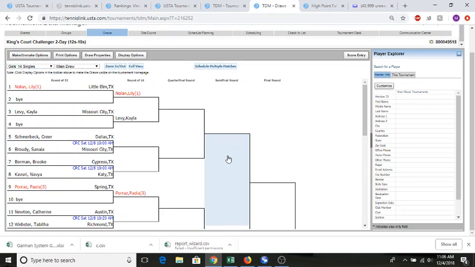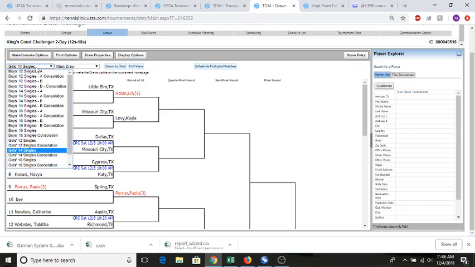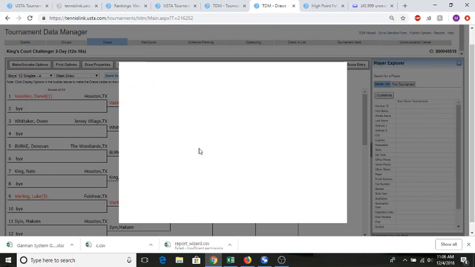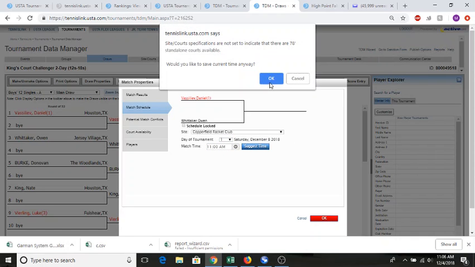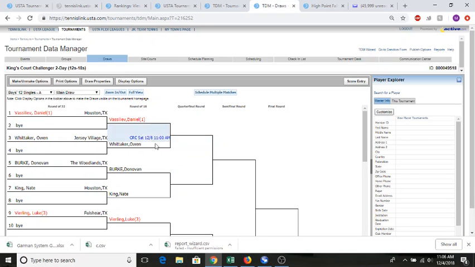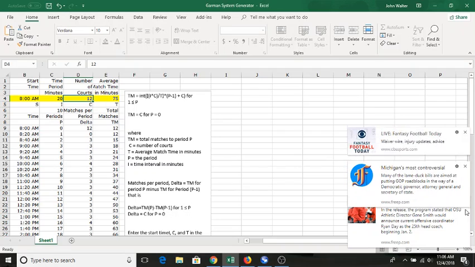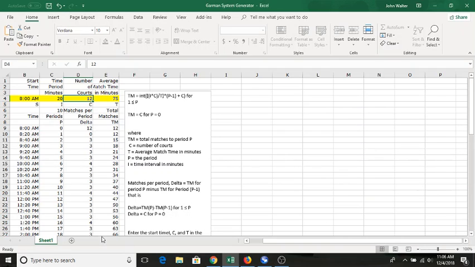I scheduled 2 at 11, so I have 1 more match to schedule at 11. I'm just going to click on it since it's just one instead of the schedule multiple matches function. Okay, so I got my 11, my next time frame. Oh, pop up sports ads here.